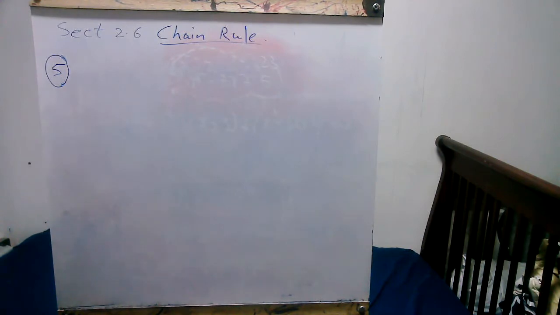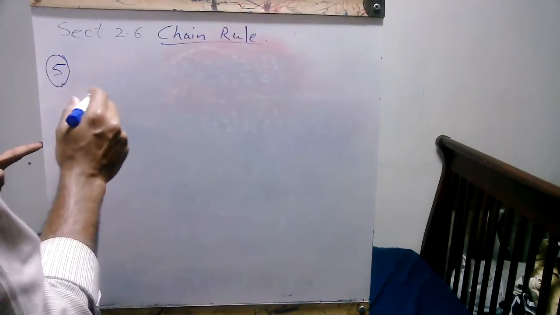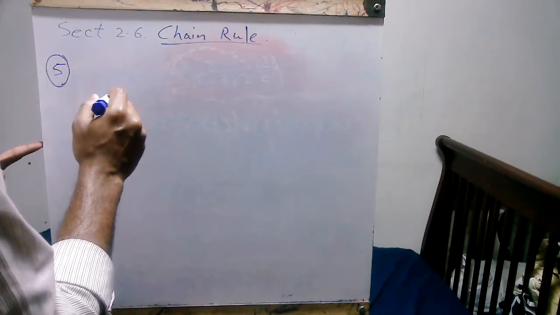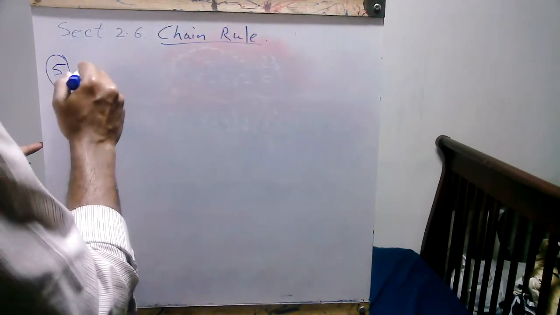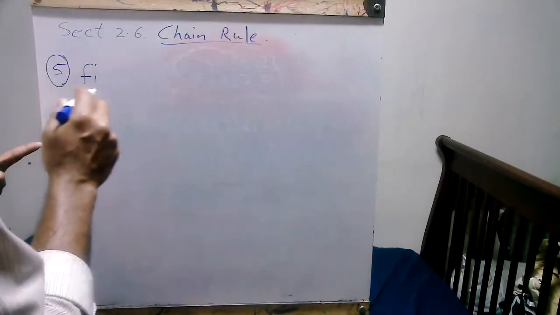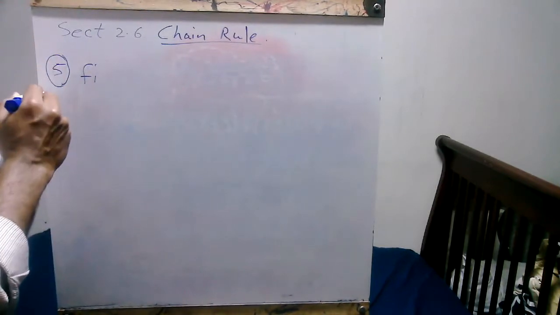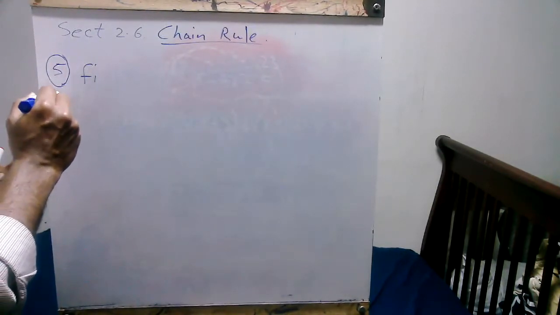Let me find a question. Okay, this is from the book. Find the equation of the line tangent to. This is on page 254.